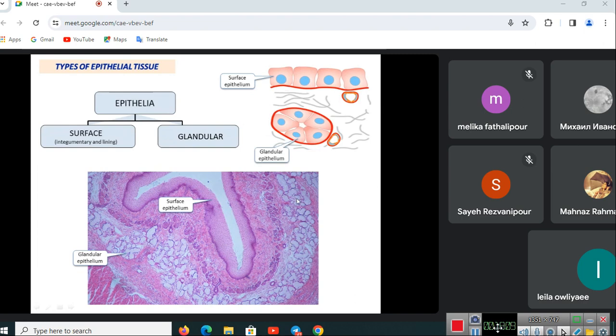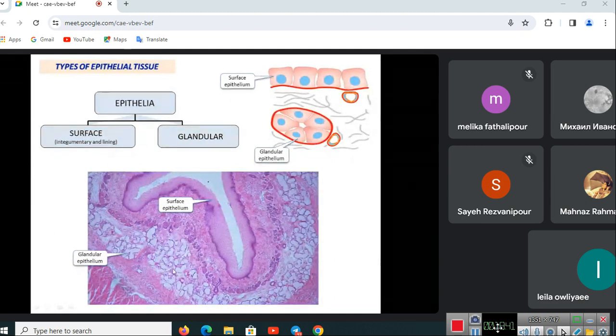In the case of esophagus, here we will see the glands which produce mucus. Mucus serves for moisturizing when the food goes from our mouth towards stomach, to decrease friction, to prevent damage of epithelium caused by hard particles of food.